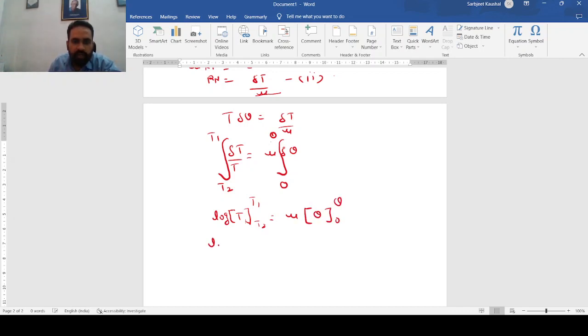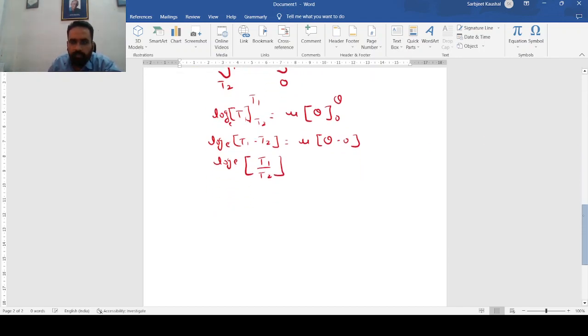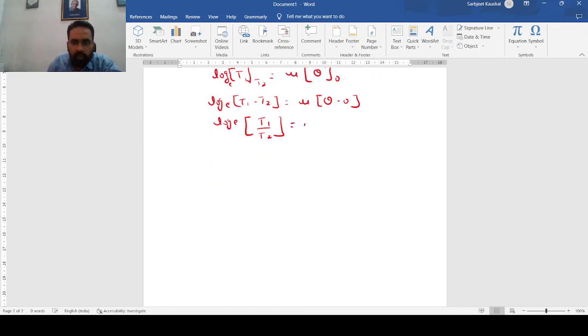When you put the value here, it is natural log of T1 by T2 is equal to mu theta minus 0. And you can also write it as T1 over T2 is equal to e raised to power mu theta.